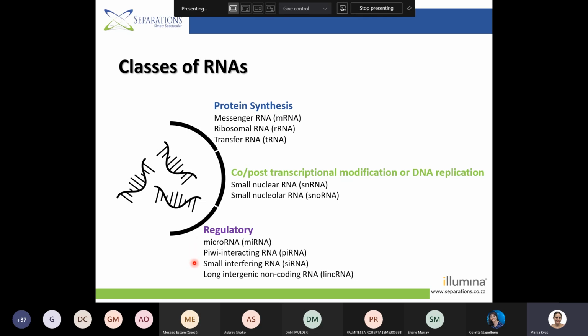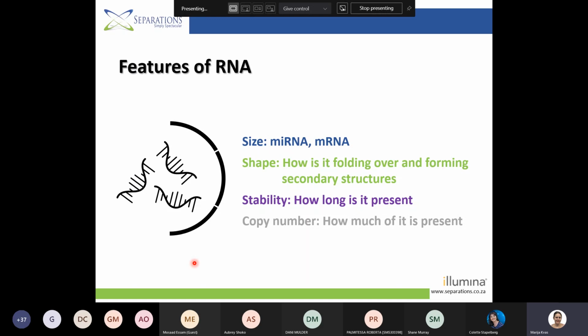When we are working with RNA, we need to be mindful of a couple of RNA features. We need to be mindful of their size. Different RNA types have different sizes, like our microRNAs are very small, about 20 base pairs, whereas our messenger RNA, mRNA, is about 100 to 1,000 base pairs long.